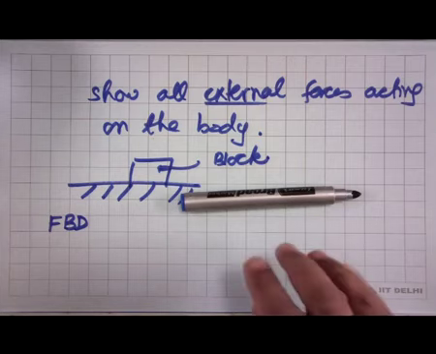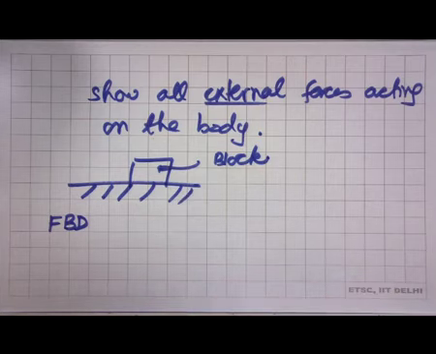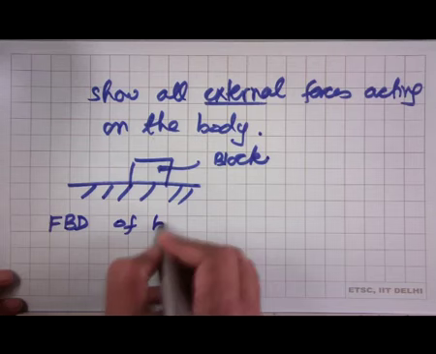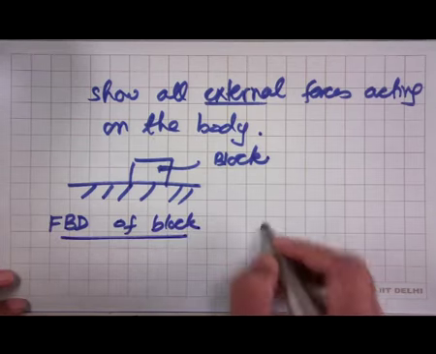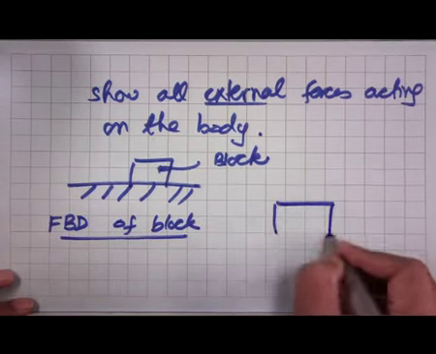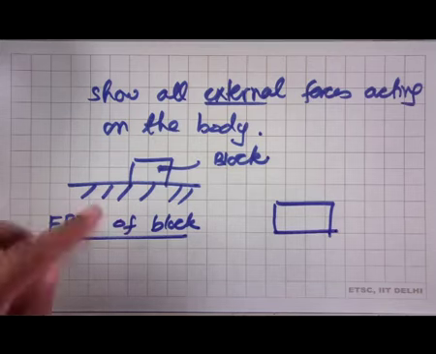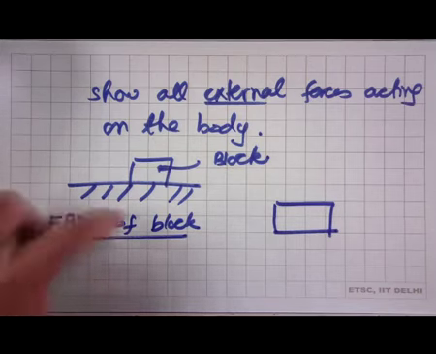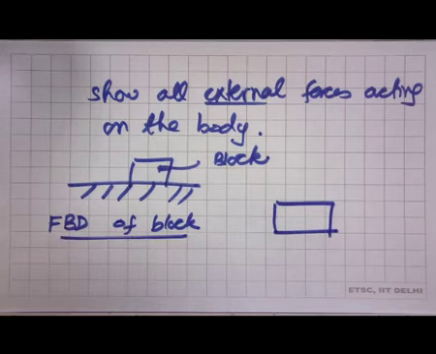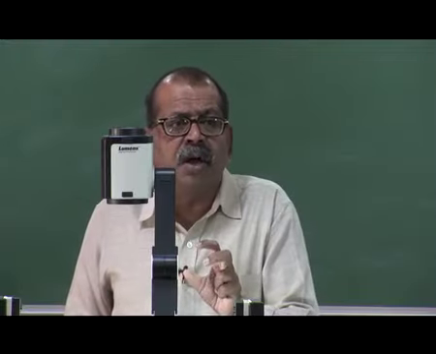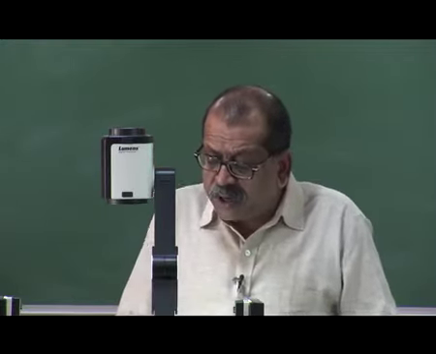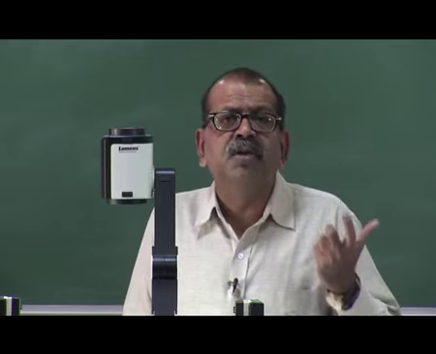I want to draw the free body diagram of the pen, so here I am just replacing it by the block. First I will show the block. Now, notice in the free body diagram the ground will not come in. When I say free body diagram of the block, only the block comes, and then I show all the external forces.